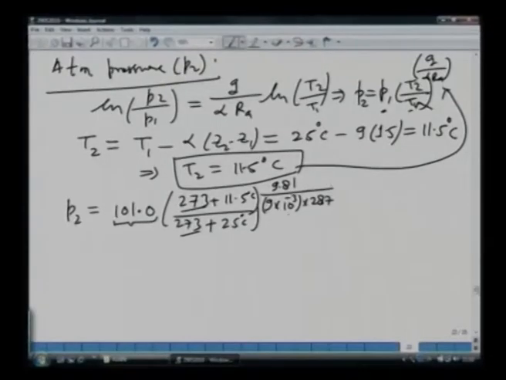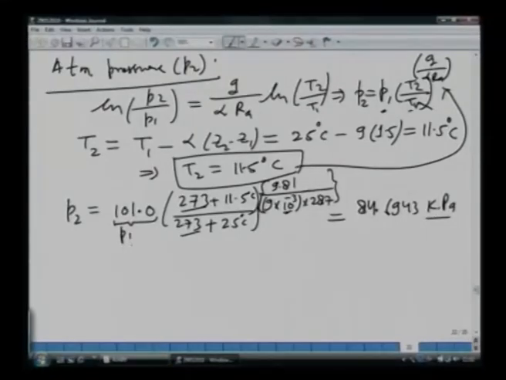Please make a note of this, and I have seen many students committing a mistake, they just put the value of 9 here. So, if you calculate this, it will be approximately 84.6943 kilopascals. Why is it in kilopascals?